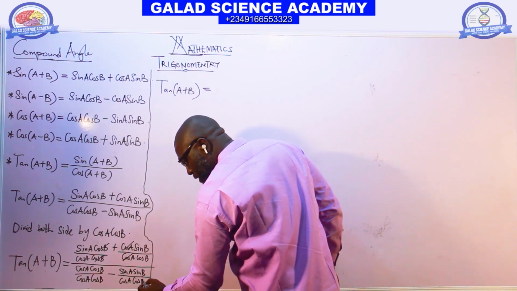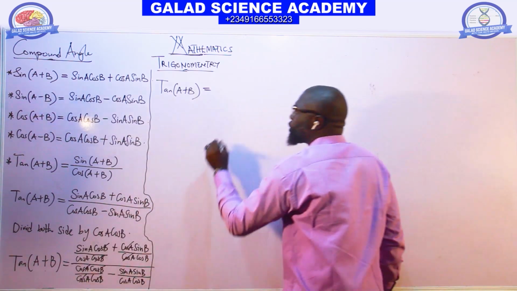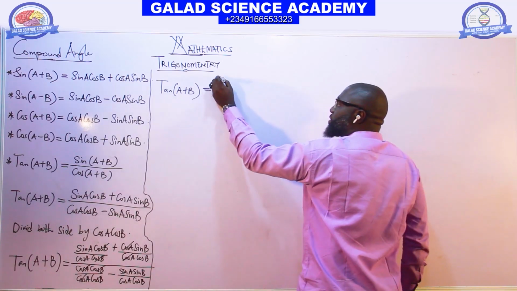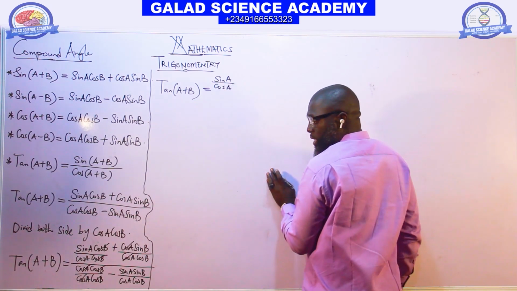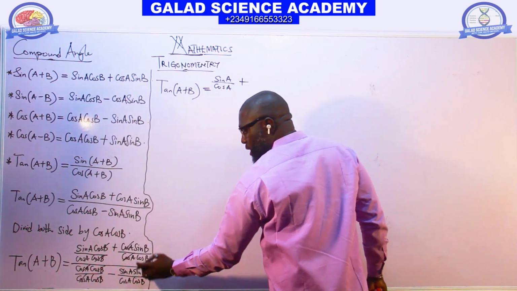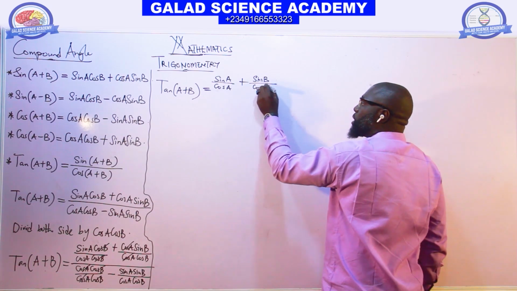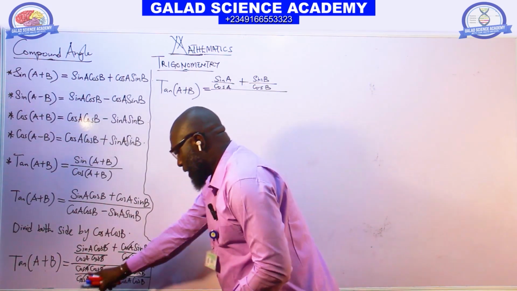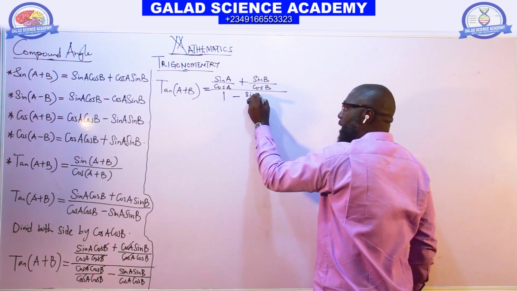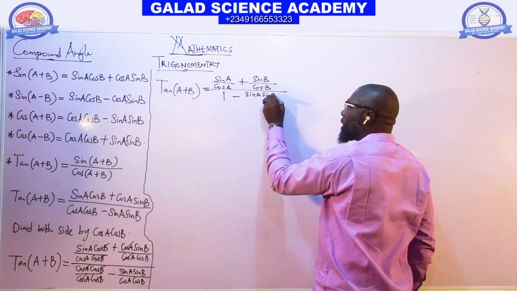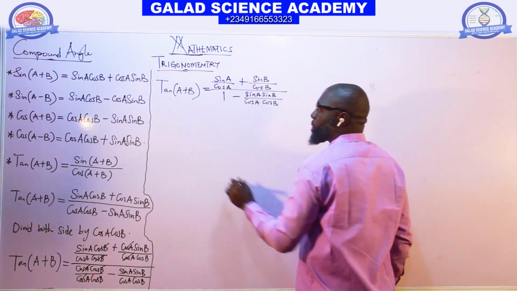We are left with sine A over cos A on top, plus sine B over cos B, everything over 1 minus sine A sine B over cos A cos B.